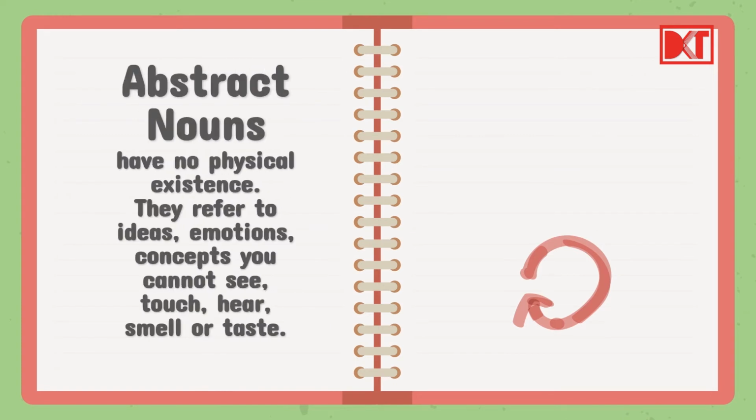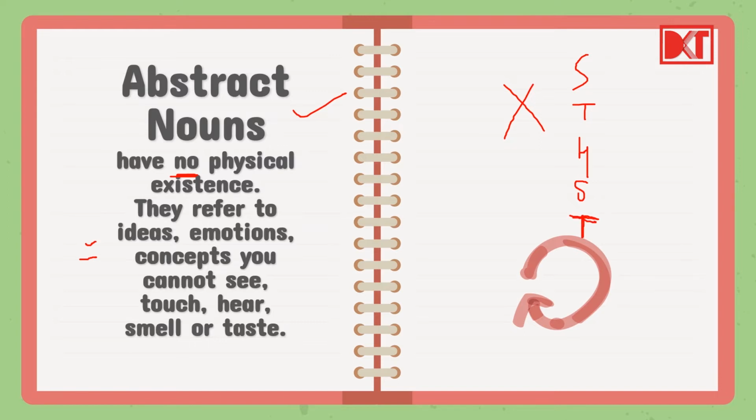Alright, so here we have another category of nouns. These are called abstract nouns. What are abstract nouns? The ones which have no physical existence. What we mean by that is they refer to certain ideas or emotions or concepts that you cannot see, cannot touch, cannot hear, cannot smell or taste.